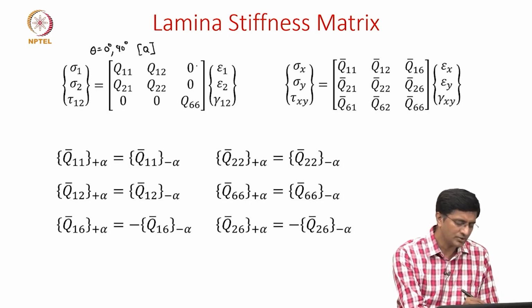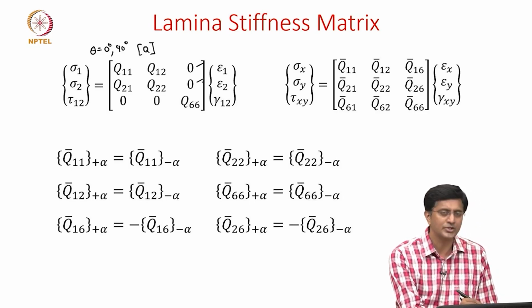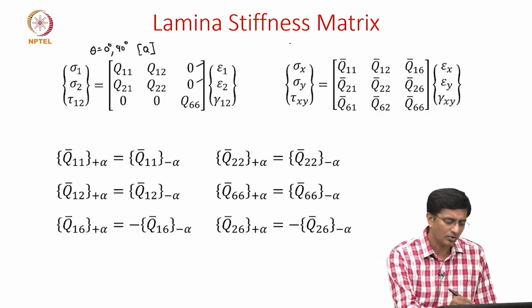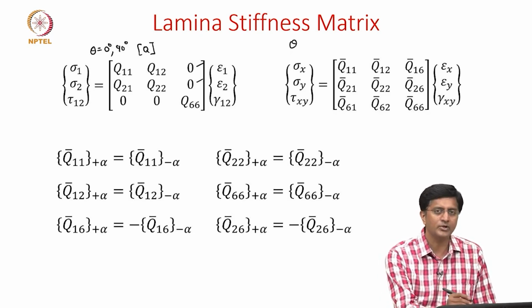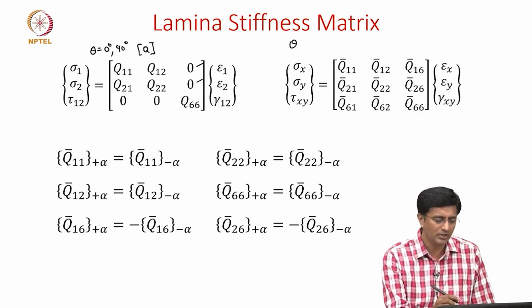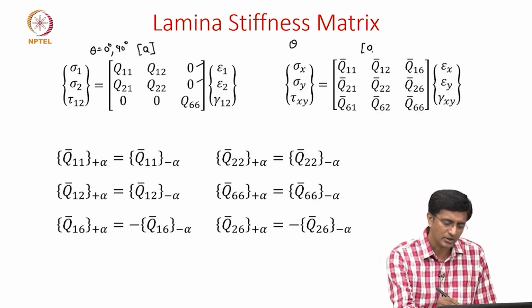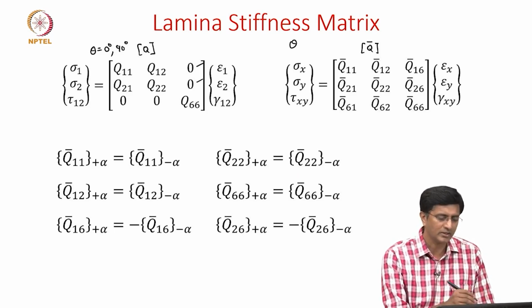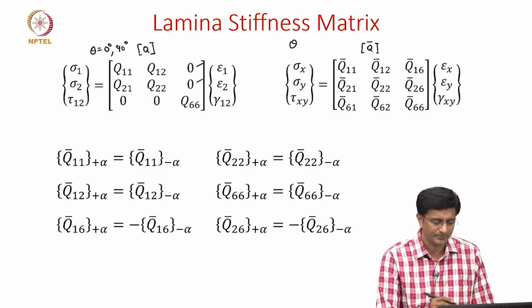Then Q16 and Q26 go to 0. But if we are talking about off-axis, meaning any angle between 0 and 90, then we have to use the transformed stiffness matrix Q dash, where we notice that Q16 and Q26 are no more 0, unlike in the stiffness matrix shown here.